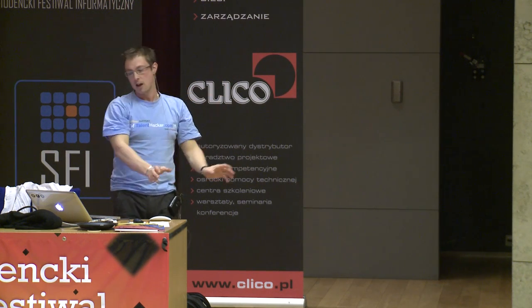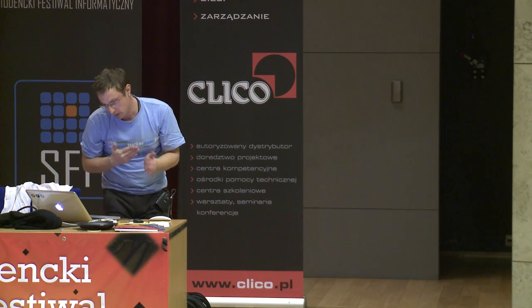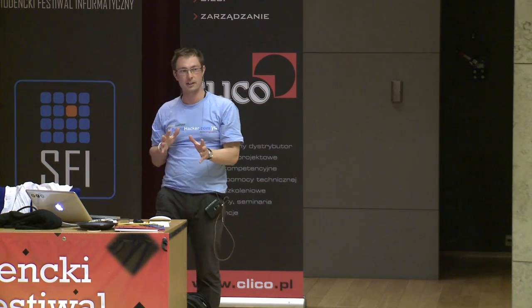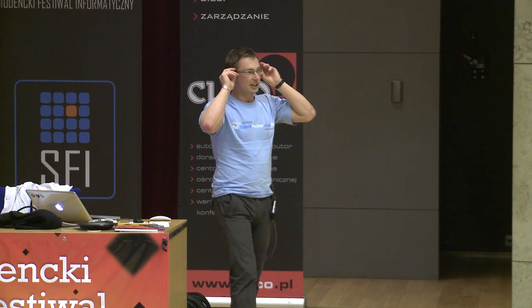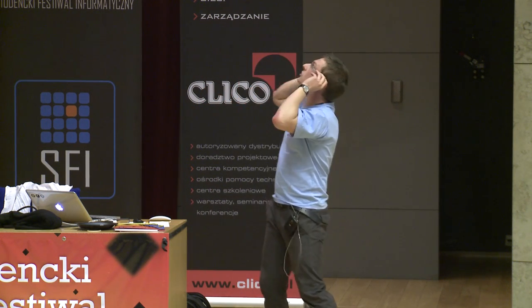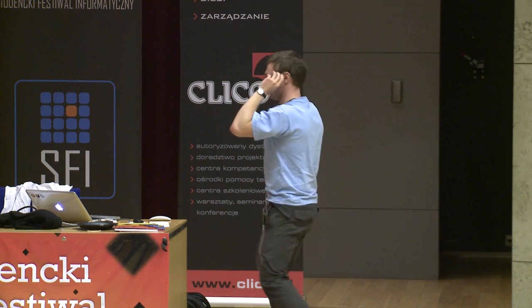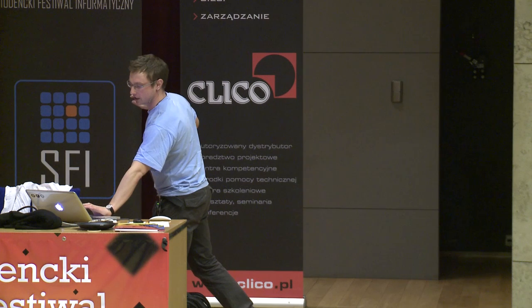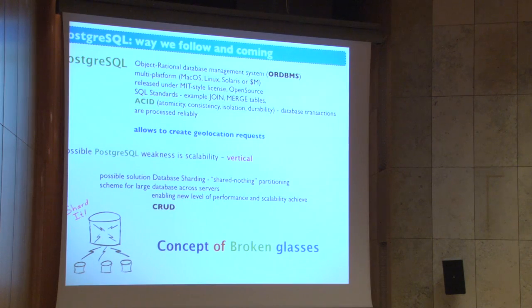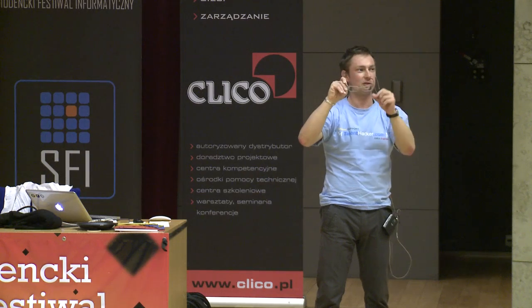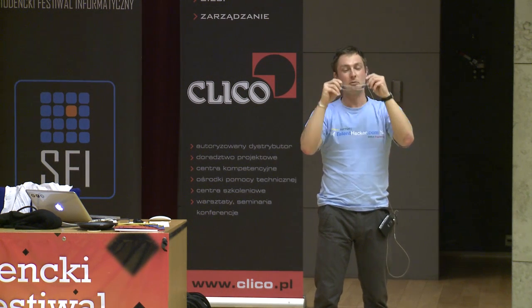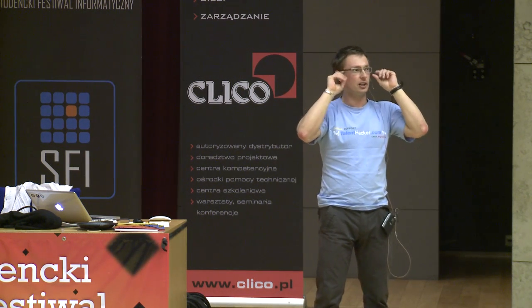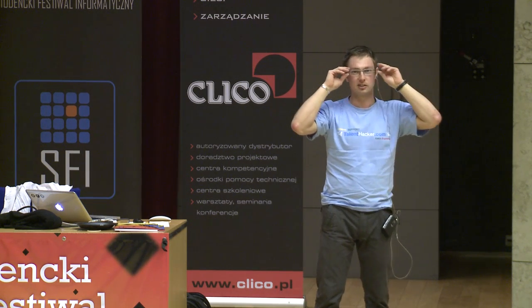But when you do the database sharding, as it's called, it's very simple to imagine. What's the sharding? It's a very nicely designed schema, as a concept of broken glasses. This one is very good glasses. They have two lenses, right? If I break one, not that much to see, but I will still be capable of seeing the world as a unit.